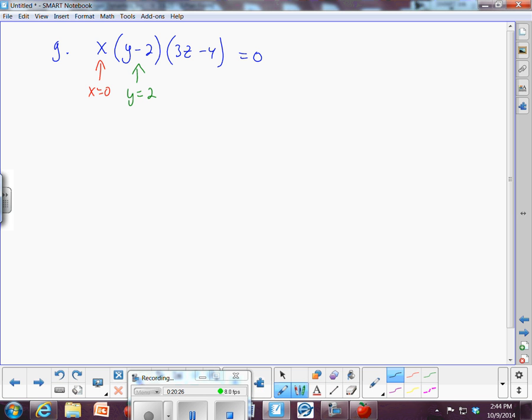Some of you don't do these well in your head, so you make the little equation. Move the negative 4 to the other side, move the 3, and we say z equals 4/3. When z is 4/3, that will make that last one 0. Anything times something else is something, but anything times 0 is 0, and again we get 0. Okay, that's how it's working.